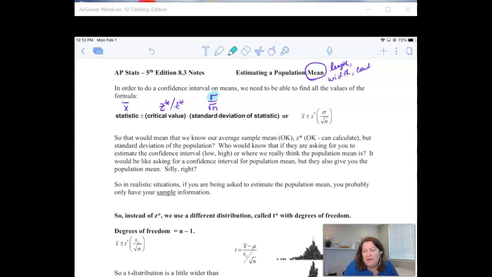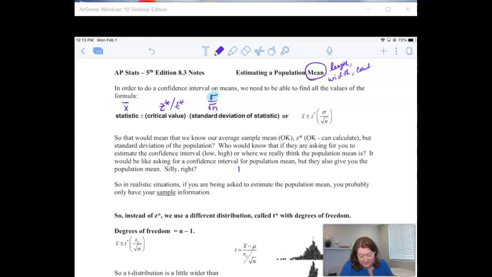Well, if they knew that, why would they have us guessing what the mean of the population is? If they knew what the spread of the population is, it doesn't make any sense, right? So if they're really asking us to estimate a mean, we're not going to have sigma. We're going to have something else. And that's what causes the difference between the z and the t: whether they gave us sigma or not. All right, so underneath here, let's write.